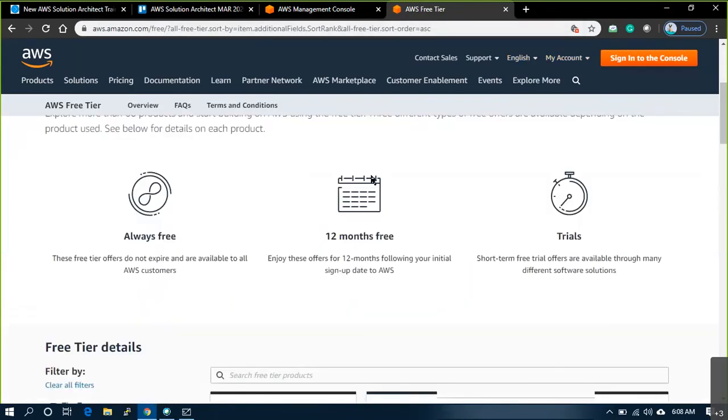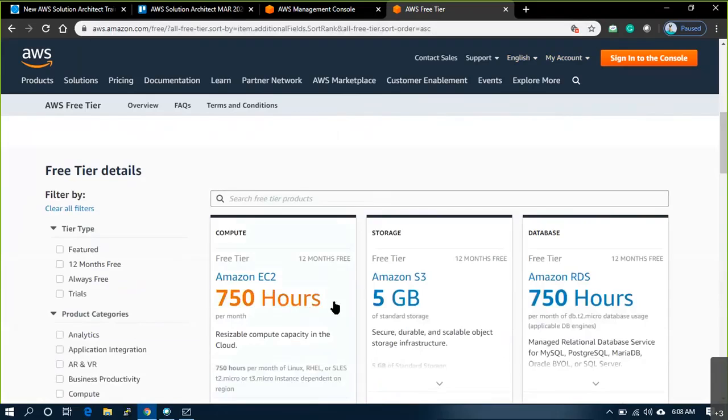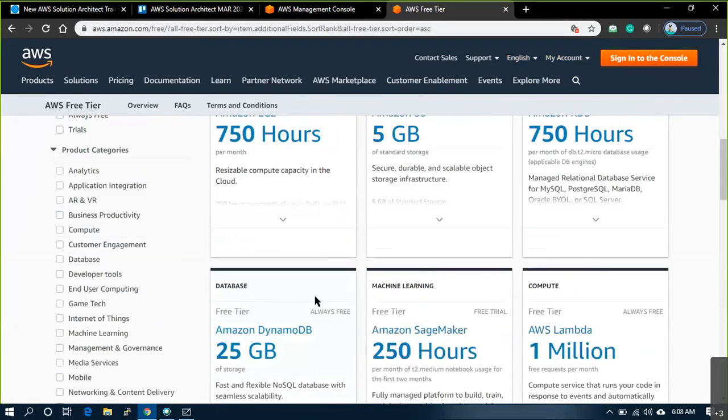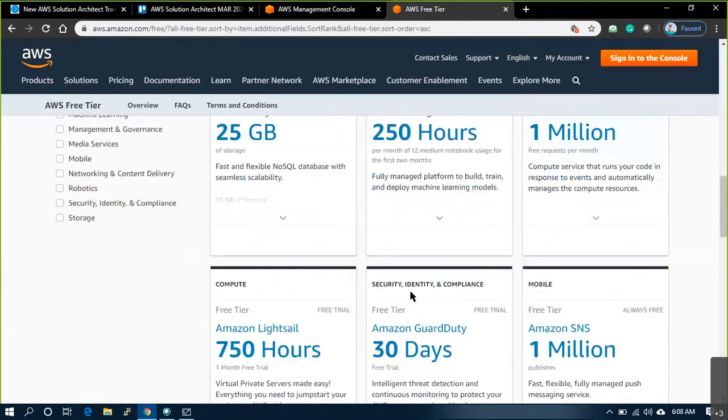Okay, so it's not free for everything. Normally you'll get 750 hours per month, for compute, storage, database, machine learning and a lot of these things.